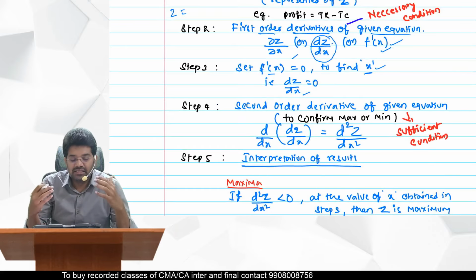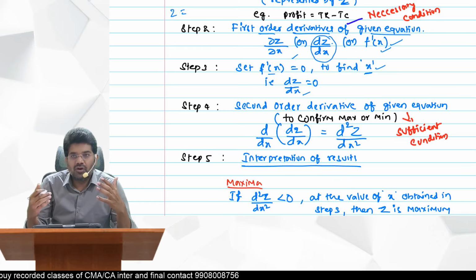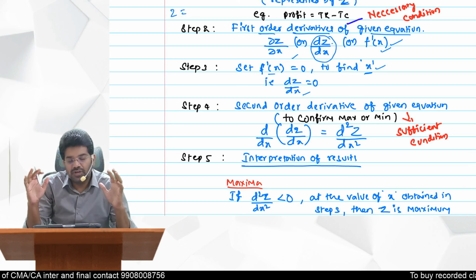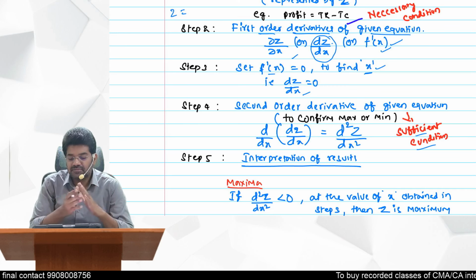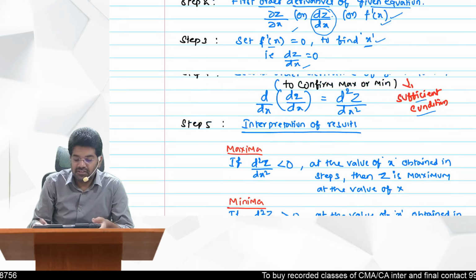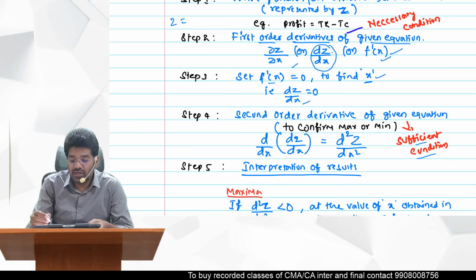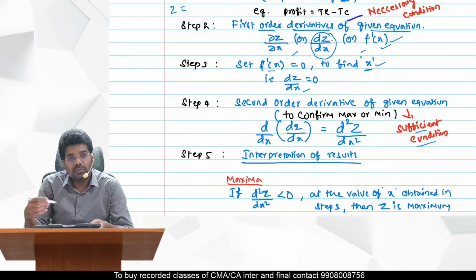Okay. Then step number 4 is to confirm whether we got maximum or minimum points. We need to check one more thing. That is called the sufficient condition. So again, on whatever answer you got after step number 2, you need to apply the derivative again.